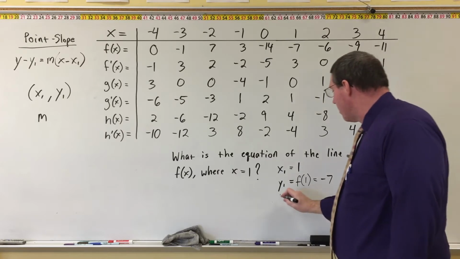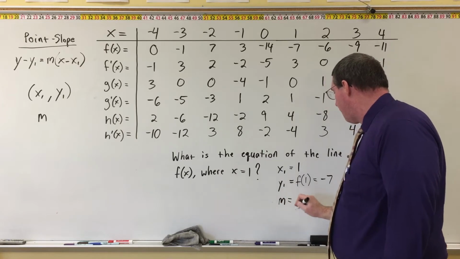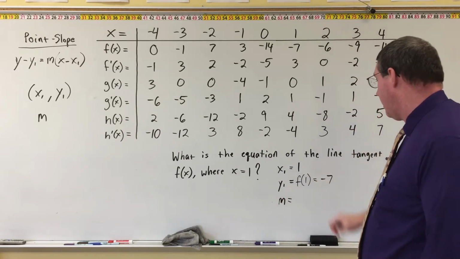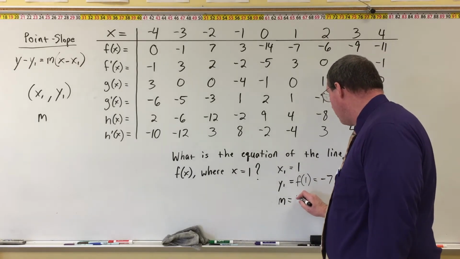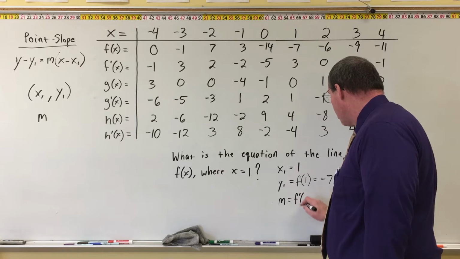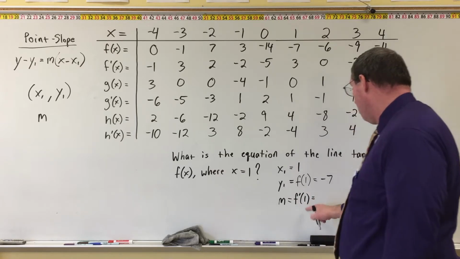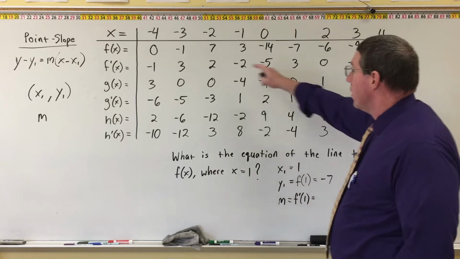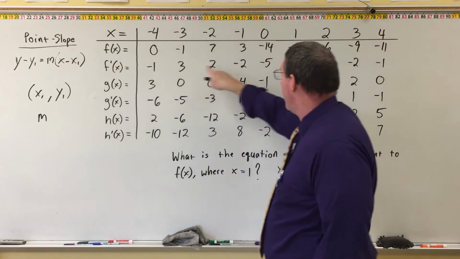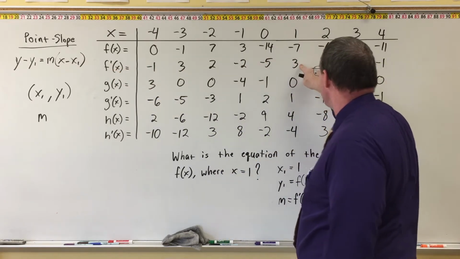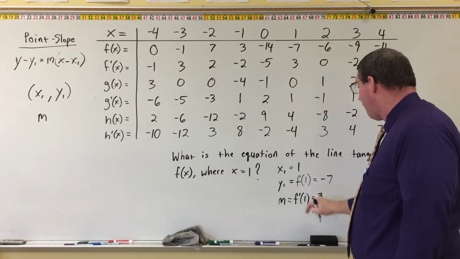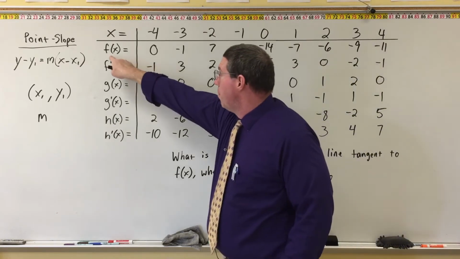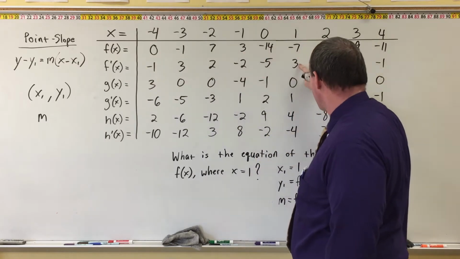And now all we need is the slope of f of x at the point (1, -7). We've already said that the slope comes from the derivative, f prime. So all we need is f prime of 1. Here's f prime, the second row, and we go to where x is equal to 1, and we can see that the derivative is equal to 3. That means the slope of f of x where x is equal to 1 is 3.